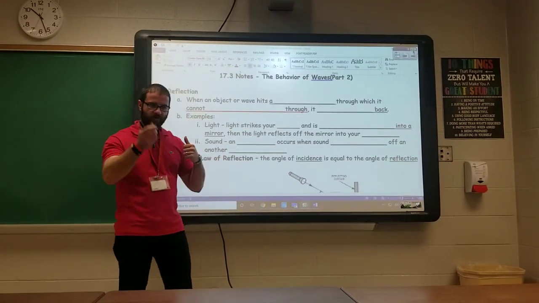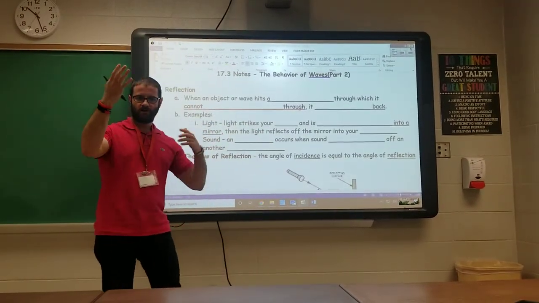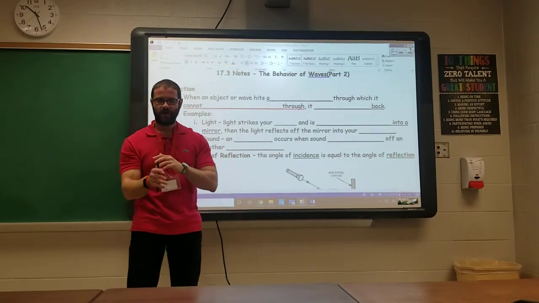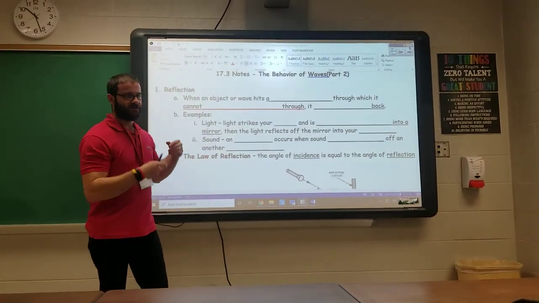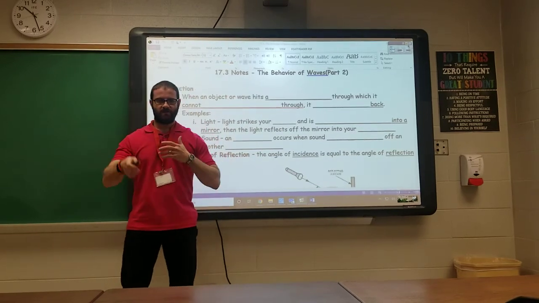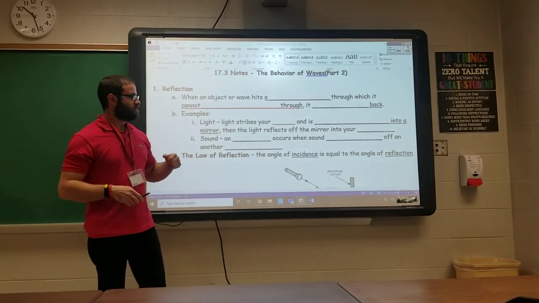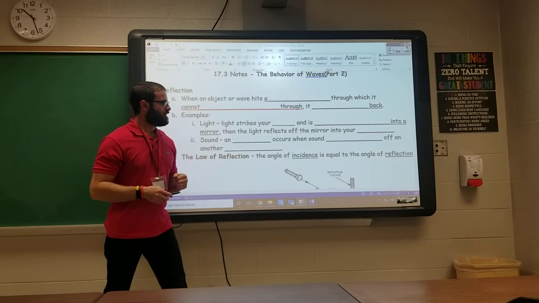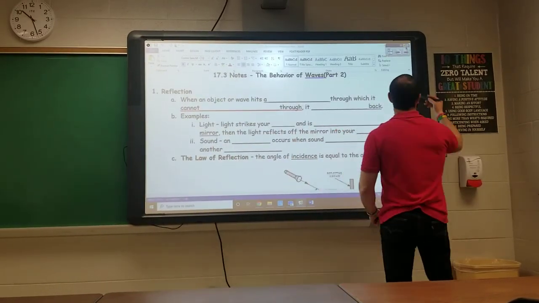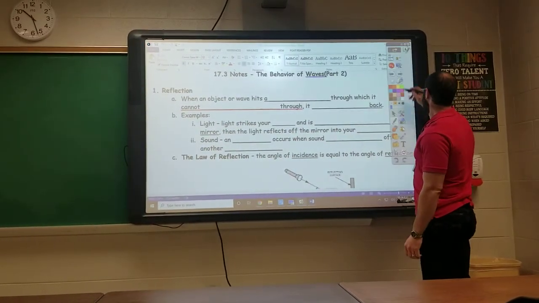So reflection, refraction, diffraction. We're going to get a better understanding of what all those mean in terms of waves, and see different examples, some illustrations, some demonstrations, and let's go ahead and look at the first term here, which is reflection.